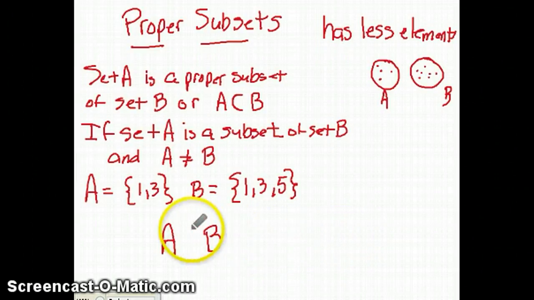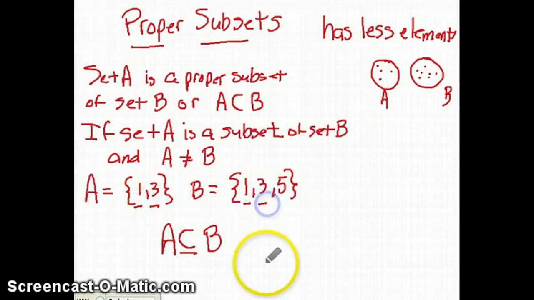Well, for one, could you put this symbol here? Is A a subset of B? Well, I don't know. Is every element in A also in B? Yeah, let's see. I got a 1, and I got a 1. I got a 3, and I got a 3. Yes, A is a subset of B. But we're talking what? Proper subsets.